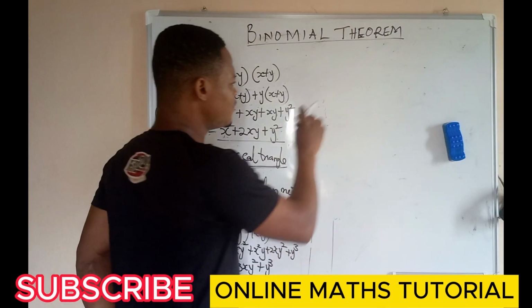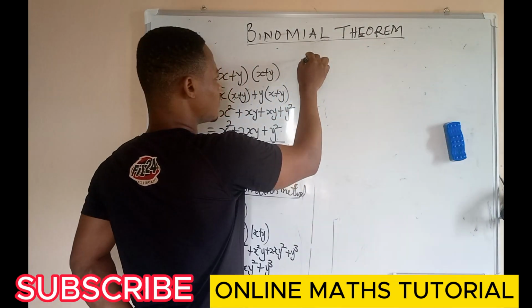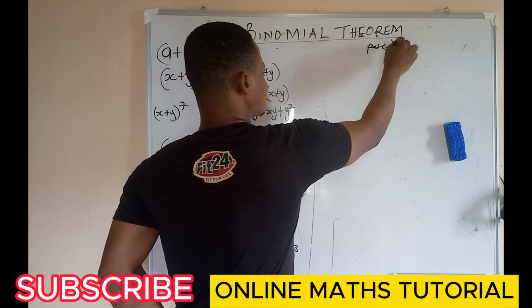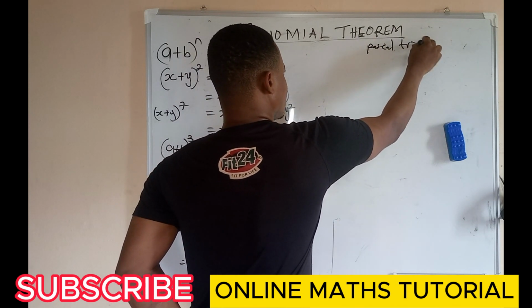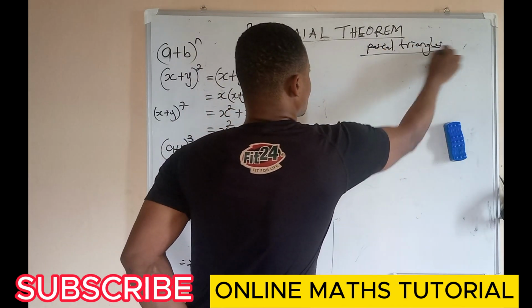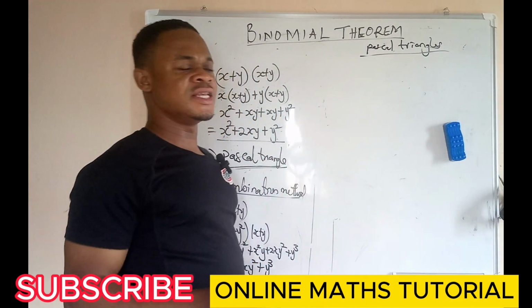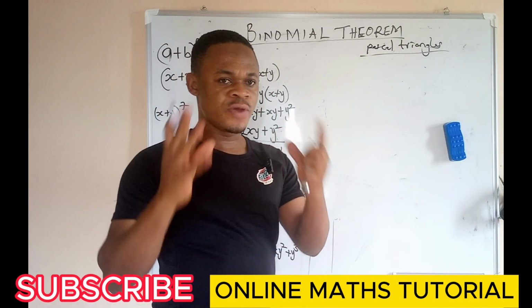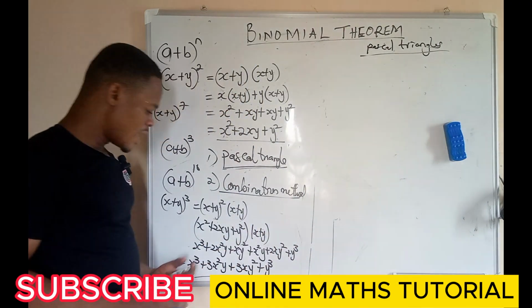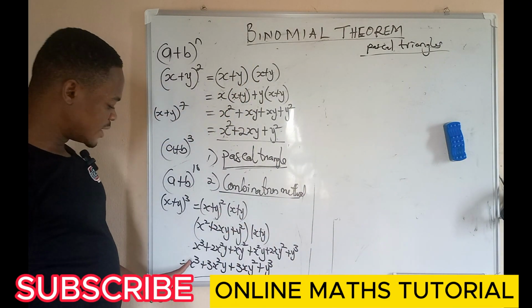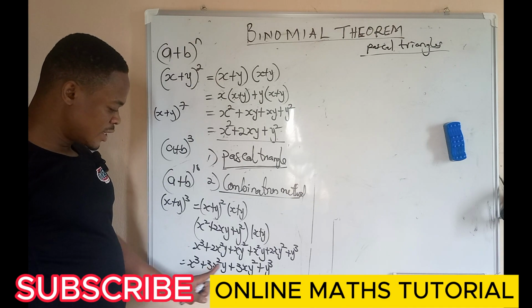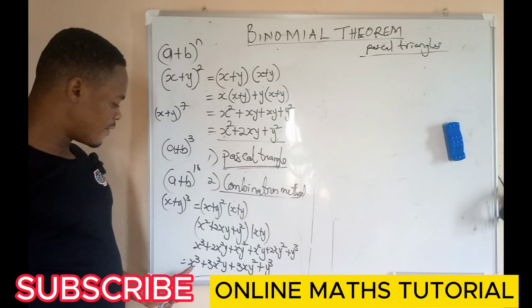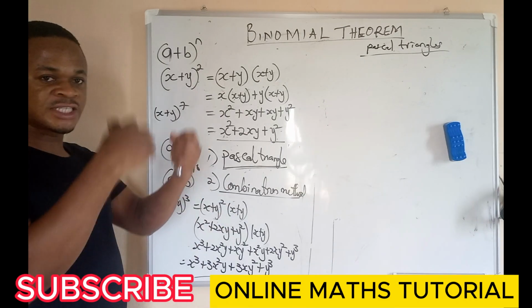Now, if you have an expression in this form, what the Pascal triangle shows is only the coefficients of this expression. Pascal triangle will help you to identify the possible coefficients that will come up when you have (x + y) raised to the power 3 or raised to the power 4.